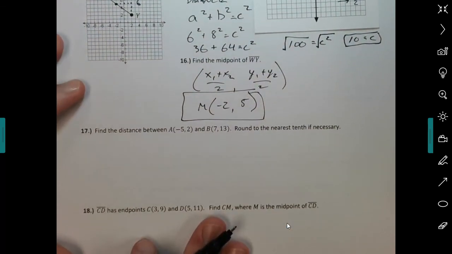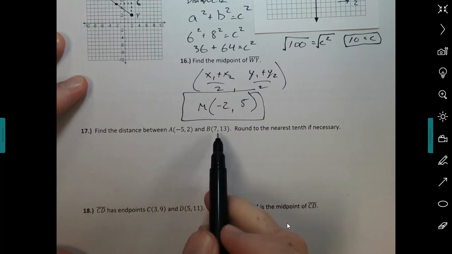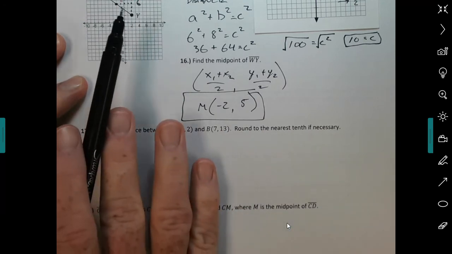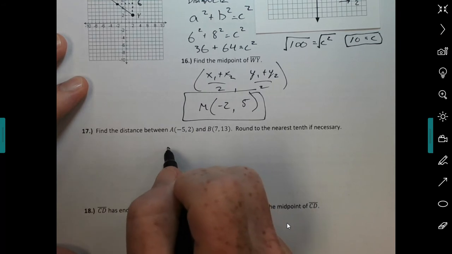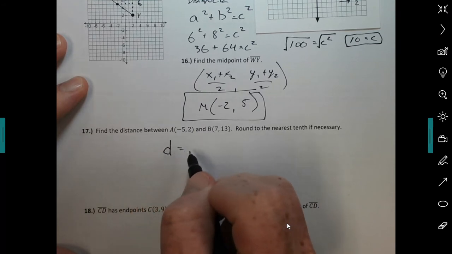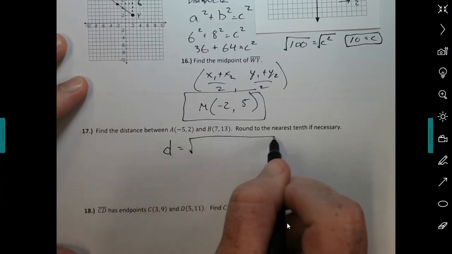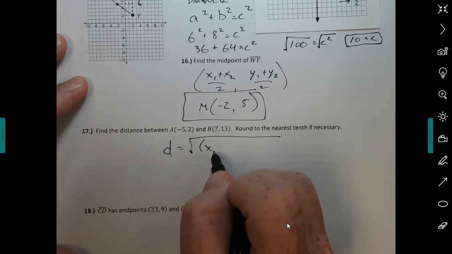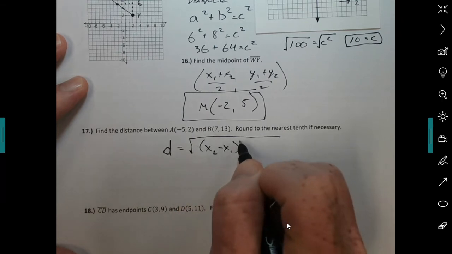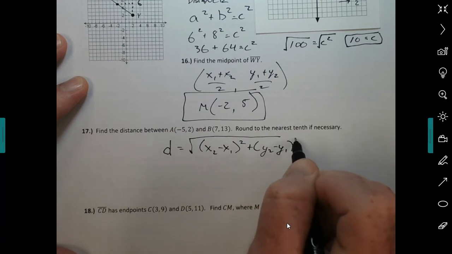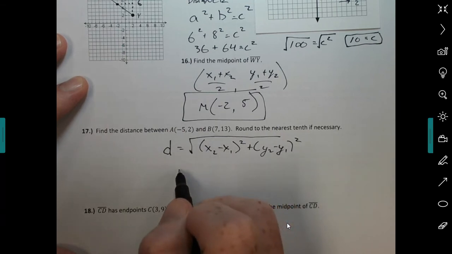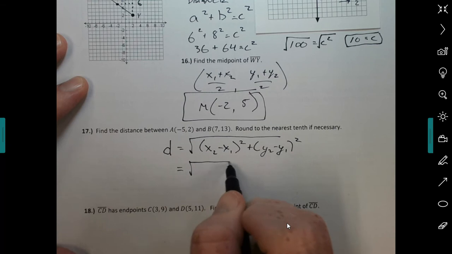17, they want us to find the distance between these two. Again, if we do it visually, we can use the Pythagorean theorem, but I'm going to go crazy and just show you an application of the distance formula. Distance formula again says x2 minus x1 squared plus y2 minus y1 squared. I just got to take those 4 numbers and plug them in.